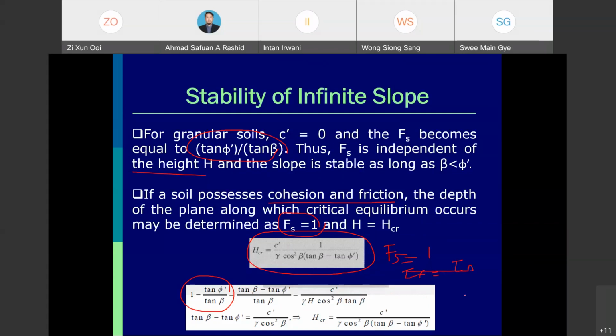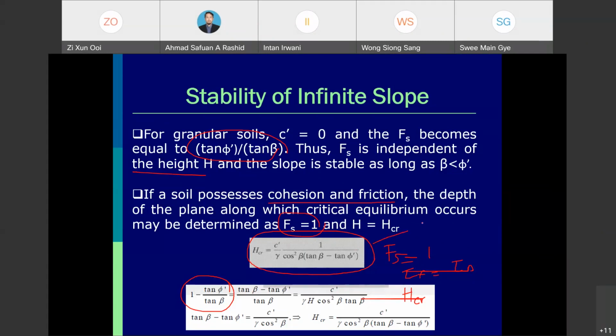So we need to include the equations of tau f and tau d, and then rearrange and put the HCR on the left and the rest on the right. From there, the equation for HCR is equal to c over gamma cos square beta, tangent beta minus tangent phi. That is to determine the HCR.